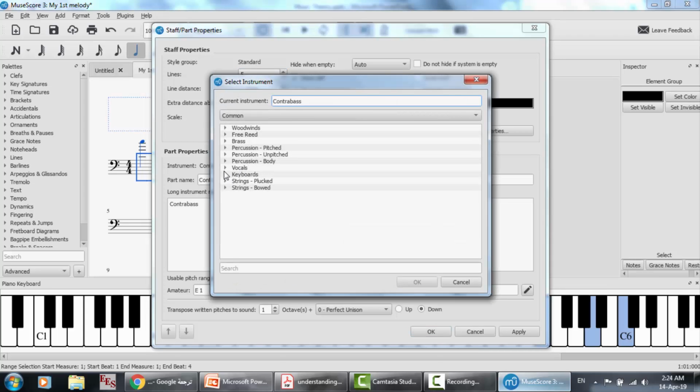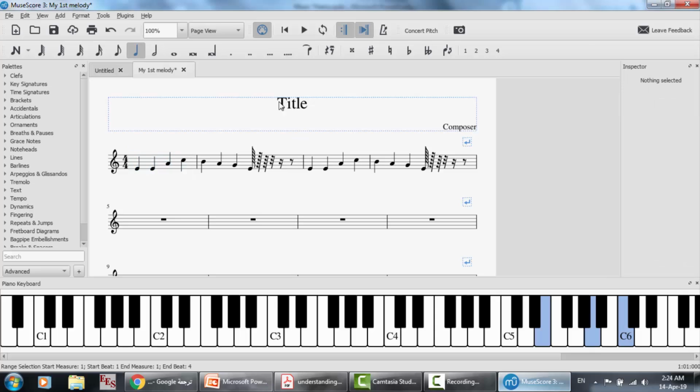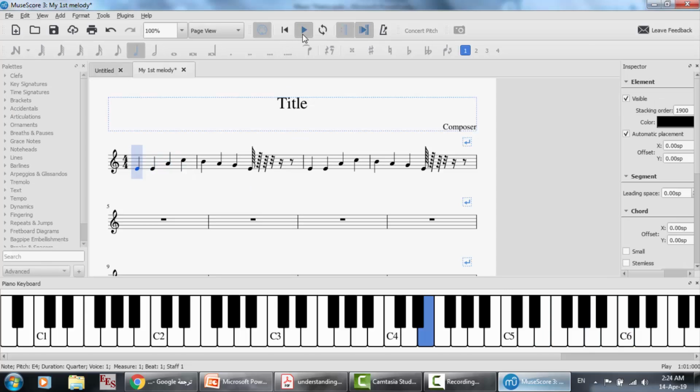So here is the keyboard, and we can also listen to the organ, right? Wow.